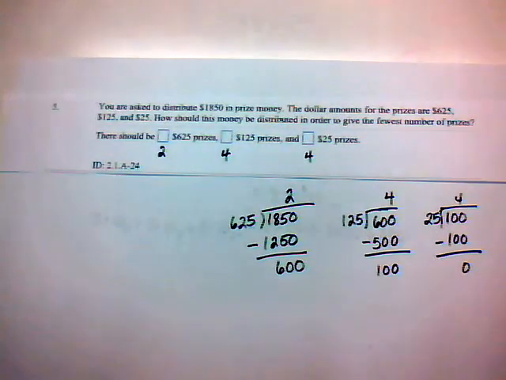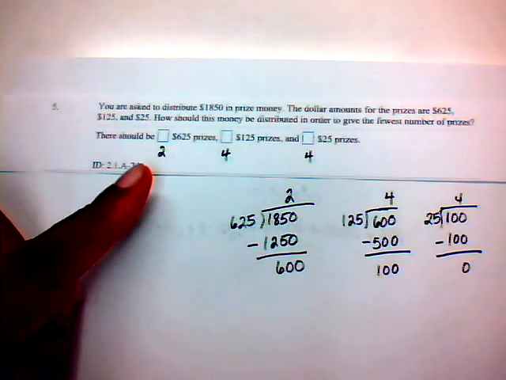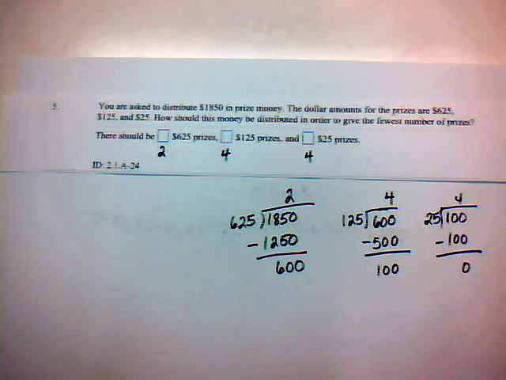So, to distribute the $1,850 with the fewest number of prizes, I will have to give 2 $625 prizes, 4 $125 prizes, and 4 $25 prizes. Okay? And this should assist you with the homework problems in section 2.1.